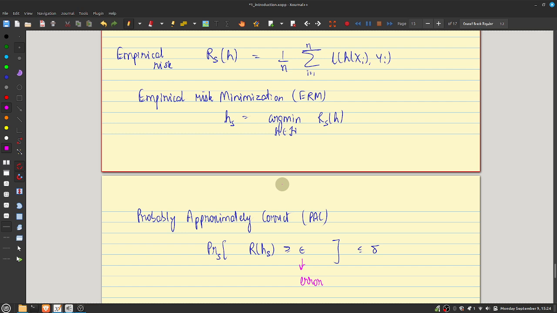So the goal will be in some way to characterize the complexity of H. That's what we will be heading towards, without worrying about the specific structure. So what really determines whether H generalizes well or not? What really determines whether H overfits or not?